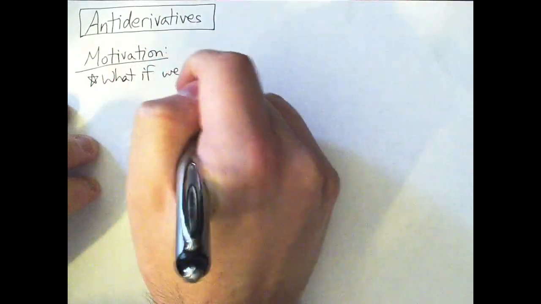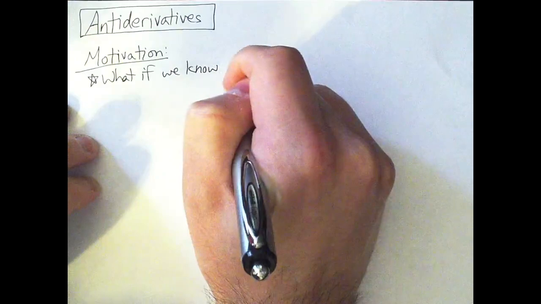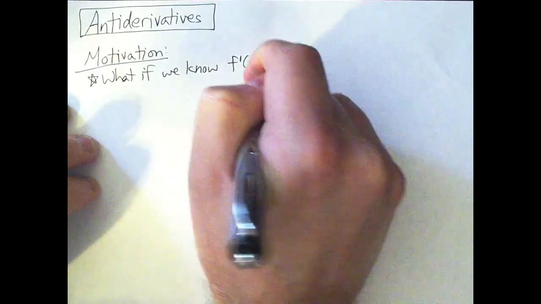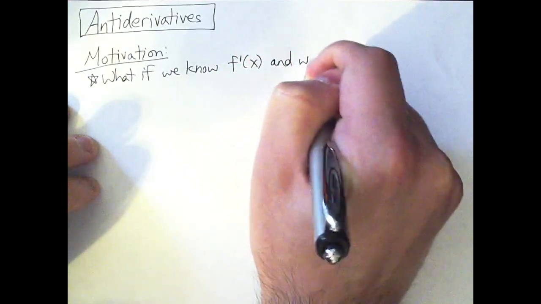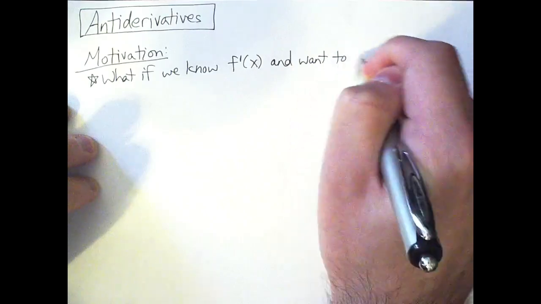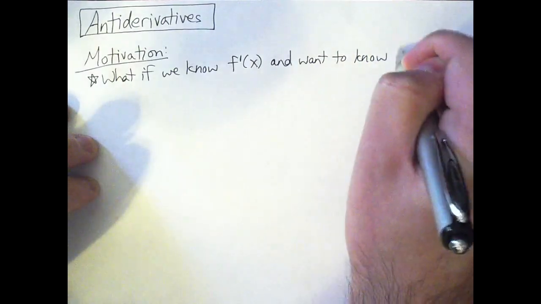All right, so this is going to be antiderivatives, and I'd like to start by telling you what is our motivation to discuss this topic. And the basic idea is, what if we know f prime of x and want to know f of x?